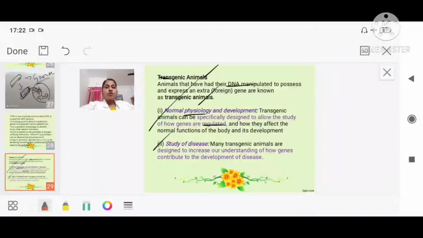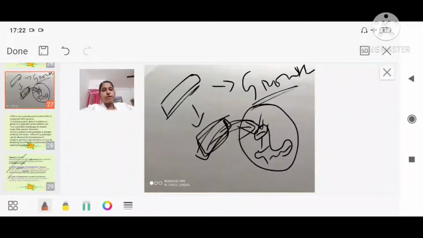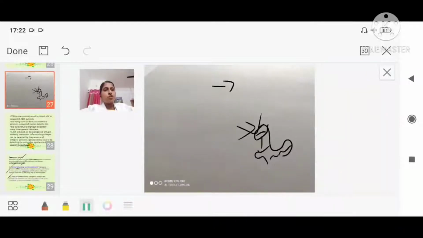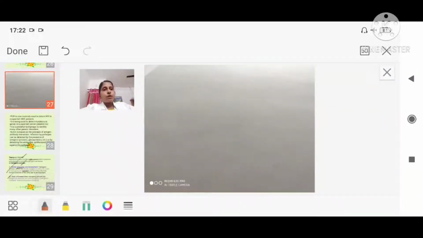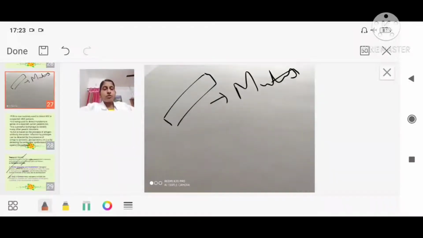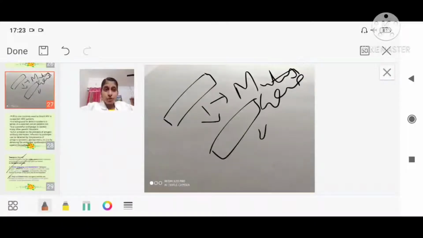We can make the transgenic animals to learn about the particular type of disease, okay. So this is the genetic defect which is causing it, maybe this is the gene, like for example if I am saying this is the gene which is causing the disease. So imagine this gene is having some mutation in it and because of this that patient is suffering from the disease. So I can develop the mice to study the disease, what this gene is producing, whether it is producing something or not, because of which that disease is being noted.